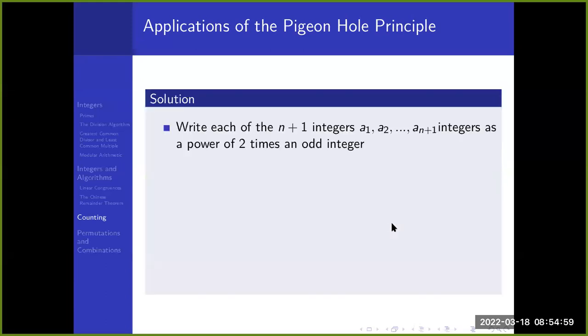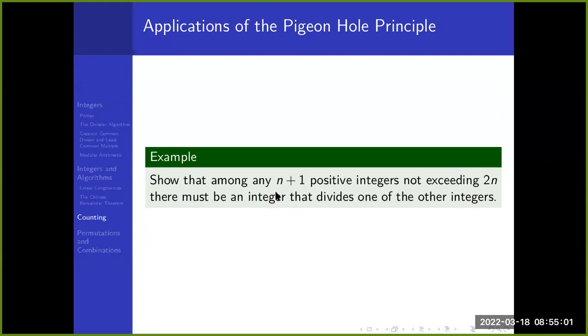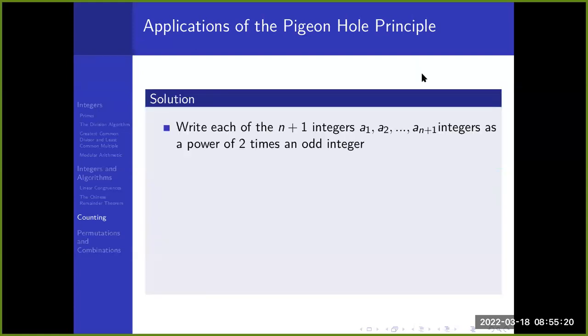So let's read the question again. It says, among any n plus 1 positive integers which don't exceed 2n, there must be an integer among the list that divides another integer. Okay, so we can pick each of the n plus 1 integers and write them as a power of 2 times an odd integer. This is always possible.